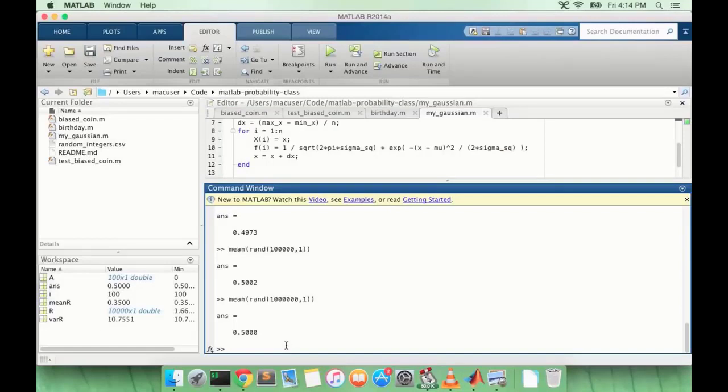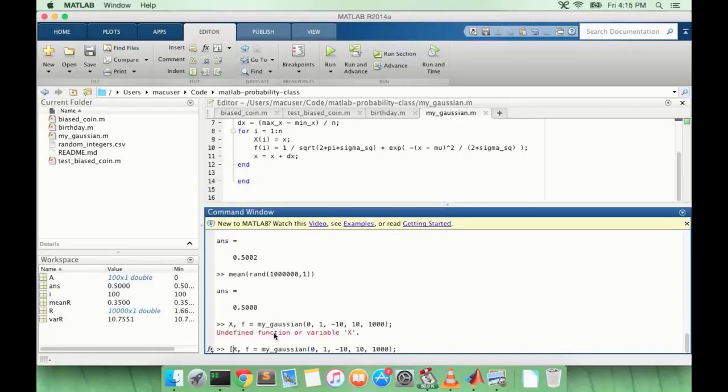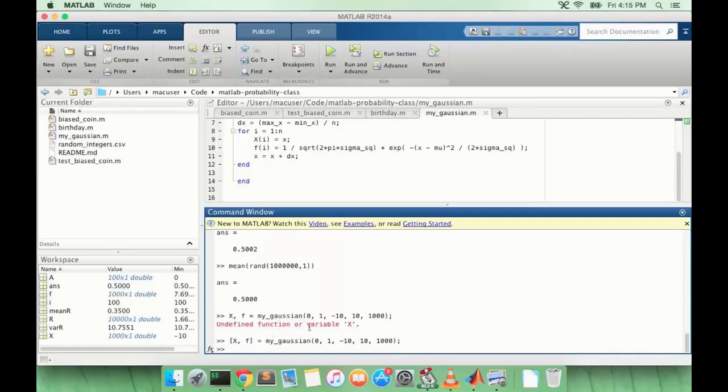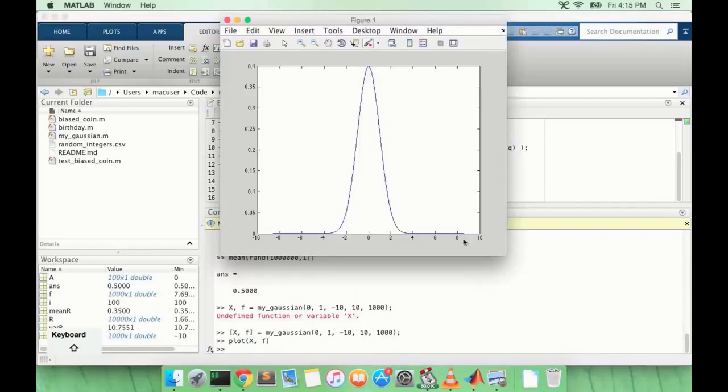So let's do this for mu equals 0, sigma squared equals 1. Let's say minus 10 to 10, and then have 1,000 values between them. Okay, so now we can plot x and f.